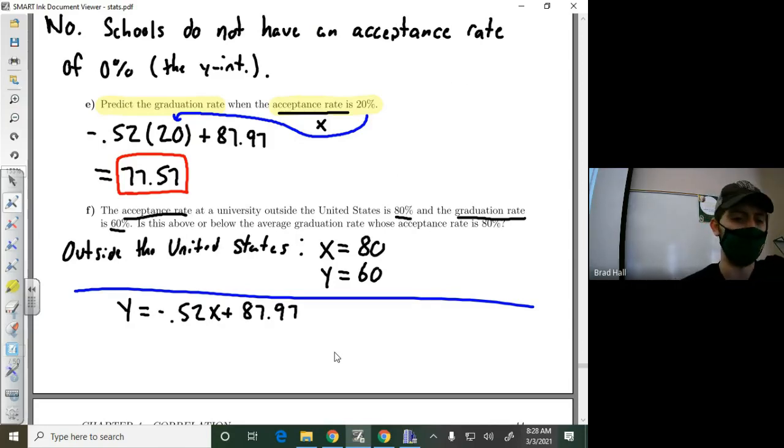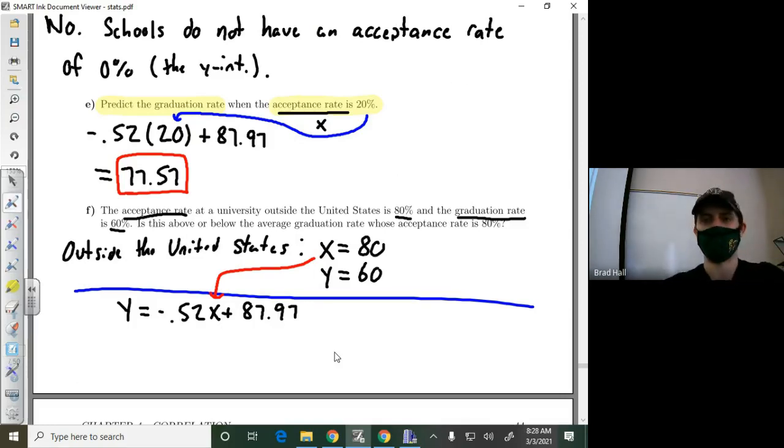The x value, we're going to plug that right into x and see, does their outputted value of 60, is that above or below our outputted value in our predicted model? Does it match?